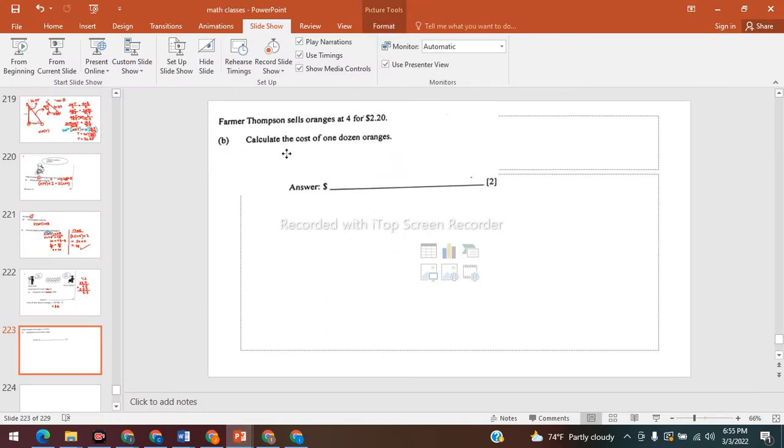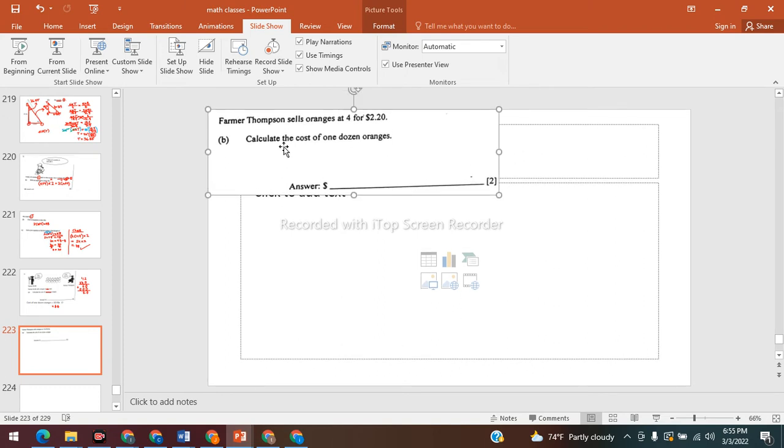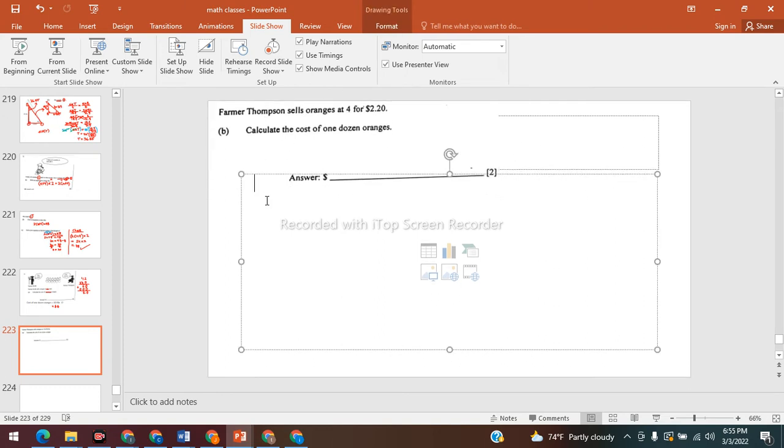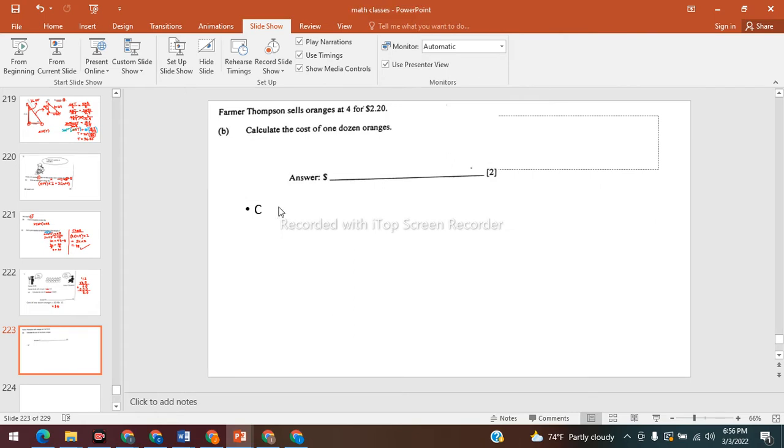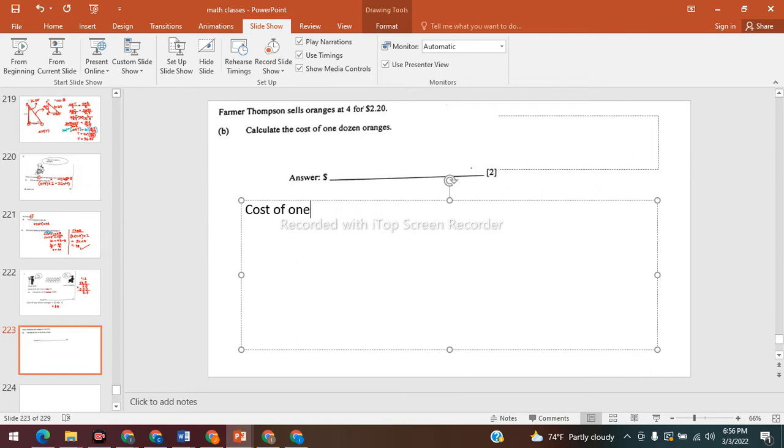So calculate the cost of a dozen oranges from Farmer Thompson. Did anyone get any answer for this one? The cost of 1 dozen oranges. We know that 4 is for $2.20.